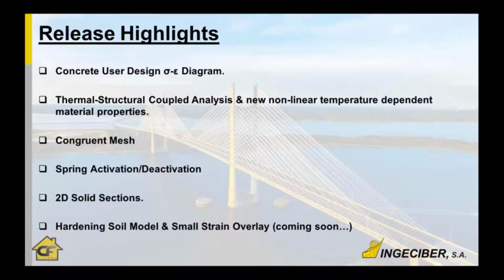And the last main release highlight is the hardening soil model and the small strain overlay model, two new geotechnical material models. They will not be available in the first 2021 release, but they will be in the upcoming versions during these years, in the following months.